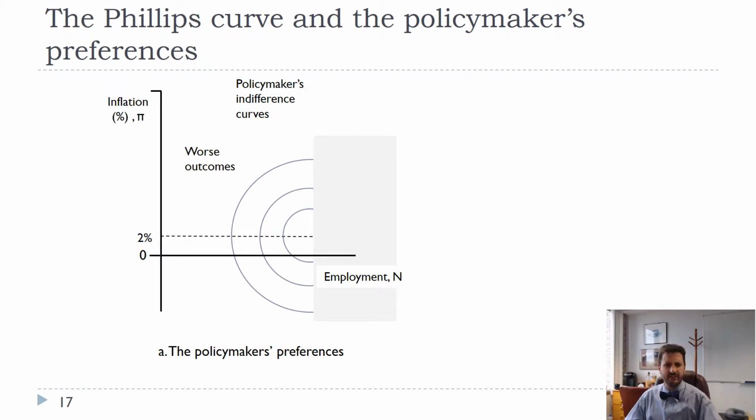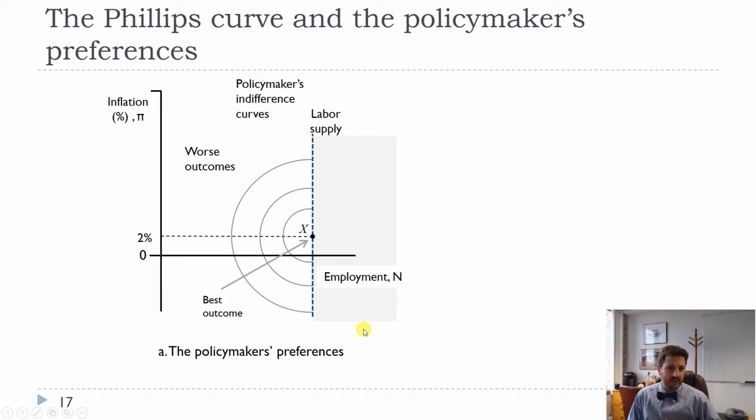And so we can think of their policy preferences as like a bullseye around some target point of the unemployment rate and inflation, where they're willing to trade off some inflation for lower unemployment and vice versa, but really they would like to be at some point, labeled X here, as the best outcome. And then the question is, well, can they get to that best outcome?